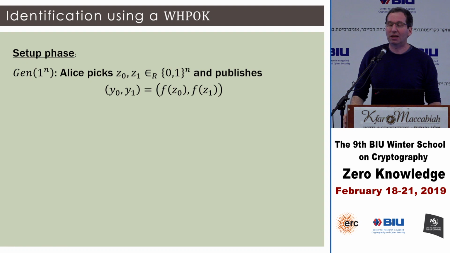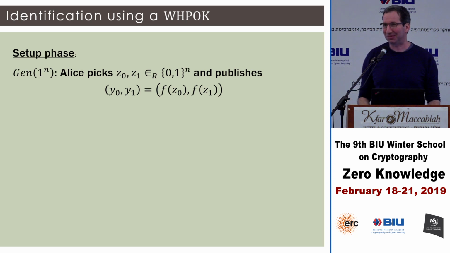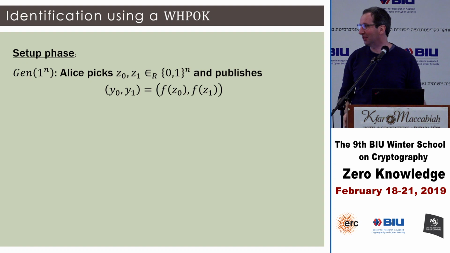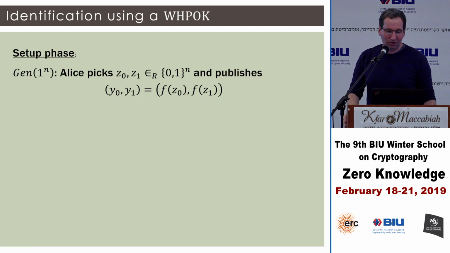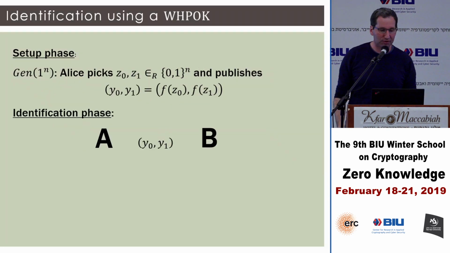Okay, so let's build an identification scheme with our notion of witness hiding. We'll first see a protocol, and then we'll define witness hiding. So Alice, instead of picking one z and proving that she knows the pre-image, will pick this instance that we know from before, y0, y1, with 2 possible pre-images.